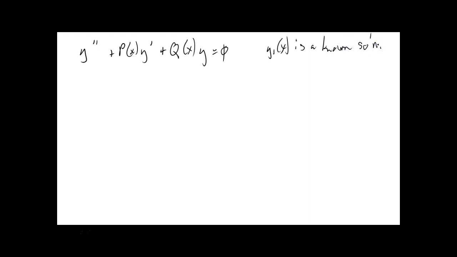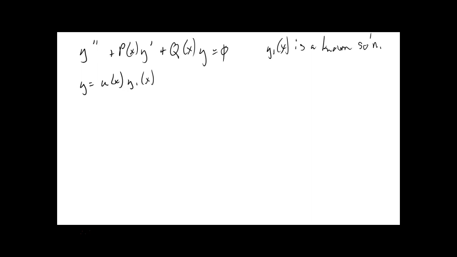Don't ask how we know that. We just know that it is. Now, we're trying to find the second one, and what we're going to do is define the second one, y. Why they don't call it y2, I'm not sure. But y is equal to some u of x times y1 of x, the known solution we have.